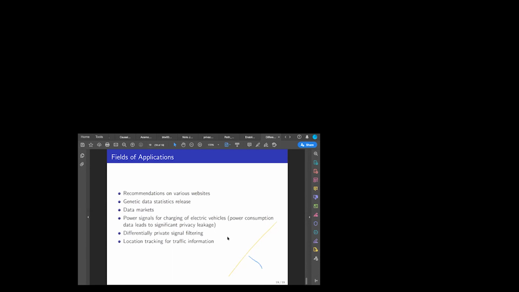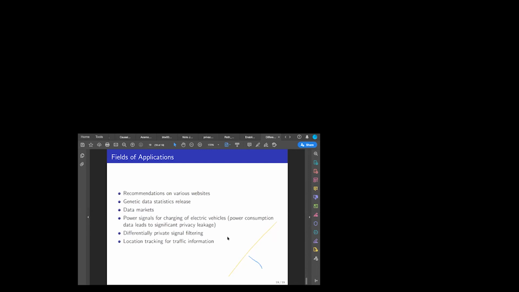If you have electric vehicles, based on how you're charging, the person might get an idea as to whether you're at home or you may not be at home, and stuff like that. So in order to protect that data as well, the signals to charge electric vehicles are also released in a differentially private manner.